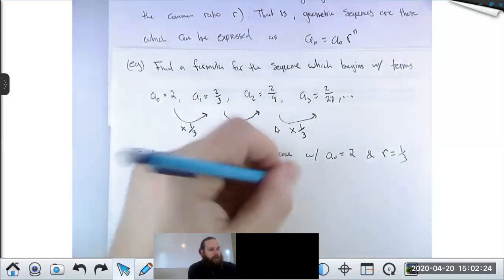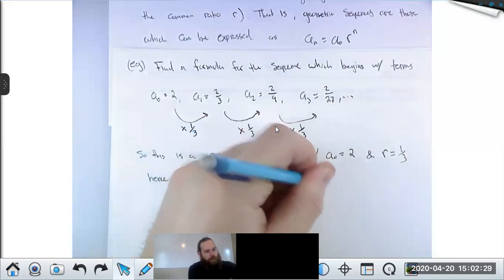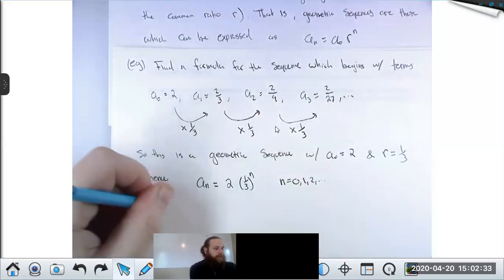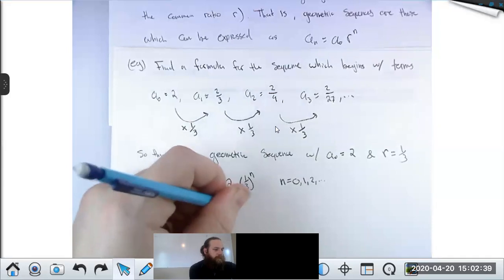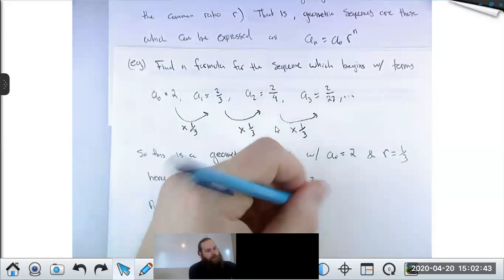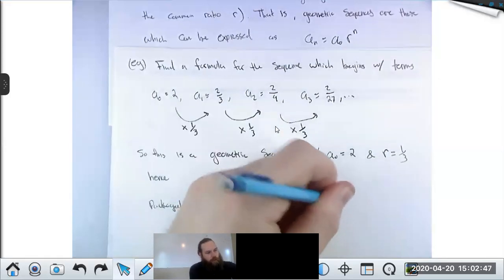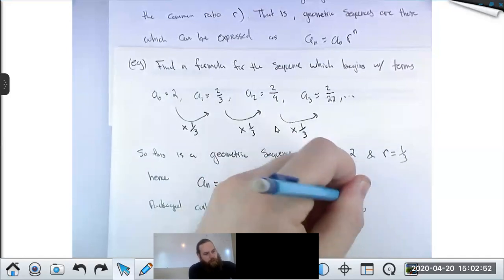Here, n goes from 0. So if I wanted to package this in the curly brace notation, I would say that this is the sequence 2 times 1/3 to the n, where n runs from 0 to infinity.